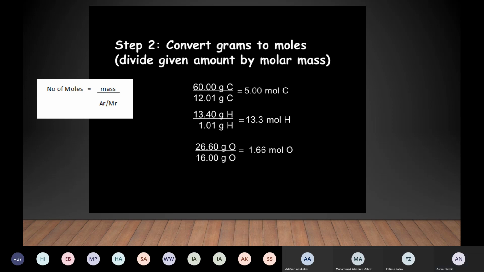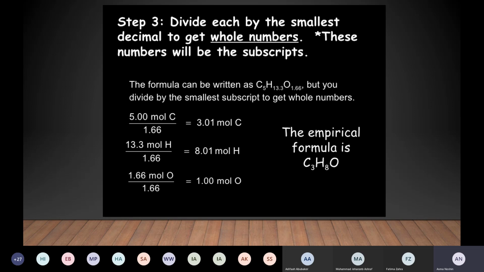We will divide with the smallest number of moles, and we will get the numbers for each element. And that element number should be written in the subscript to get an empirical formula. Till here, any confusion? Everyone clear with this? Very good, Ali. Good. Okay, good.